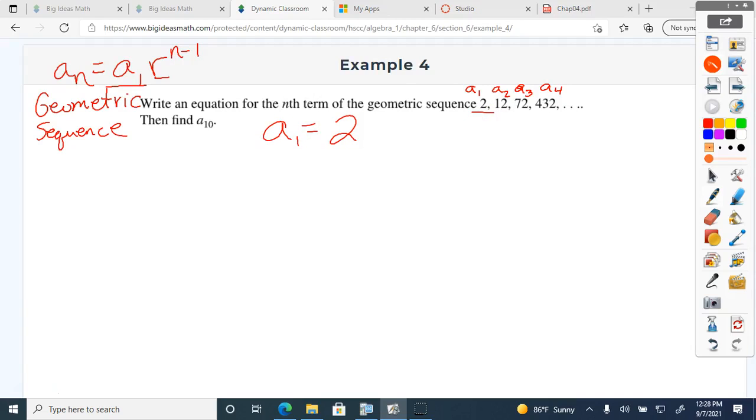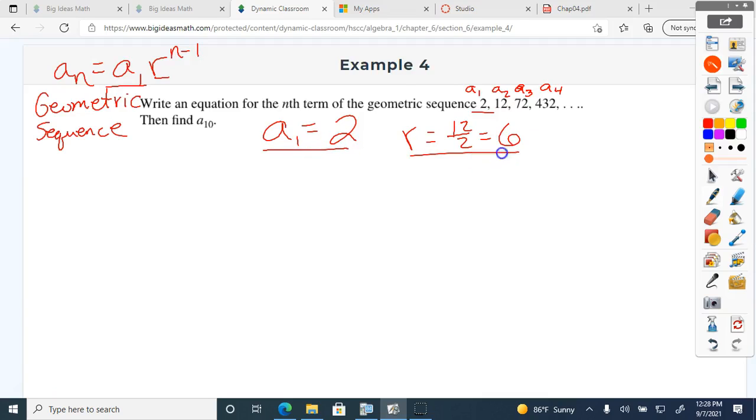Can we figure out what r is? I just say 12 divided by 2, and I get 6. Or I could have done 72 divided by 12, or 432 divided by 72. A little hint, pick the easier one. So 12 divided by 2 is 6.